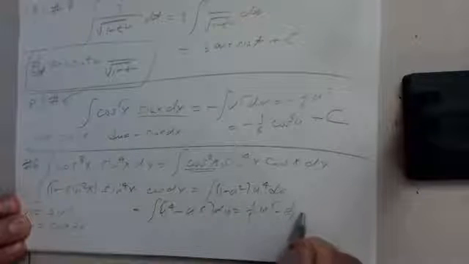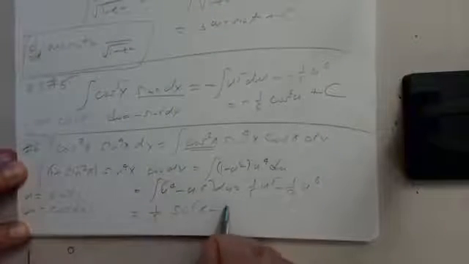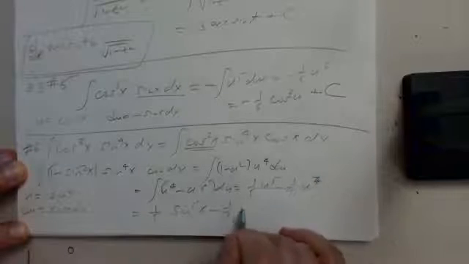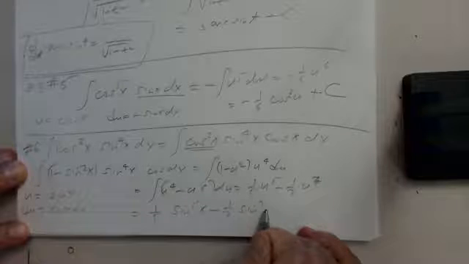Which is 1/5 u to the fifth minus 1/7 u to the seventh. So this is 1/5 fifth power of the sine minus 1/7 seventh power of the sine plus a constant.